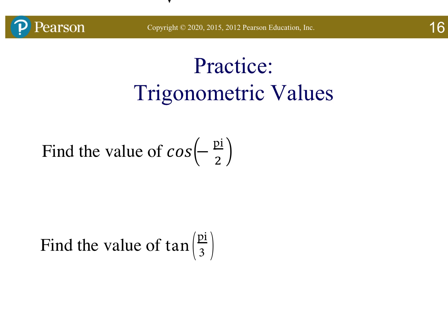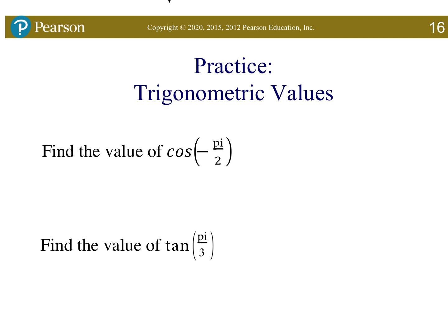All right, who's got the value of the cosine of negative pi over 2? Okay, think about it a minute. Go ahead and write it down. I'll give you 10 seconds to think about it. Okay, 5, 4, 3, 2. All right, David?